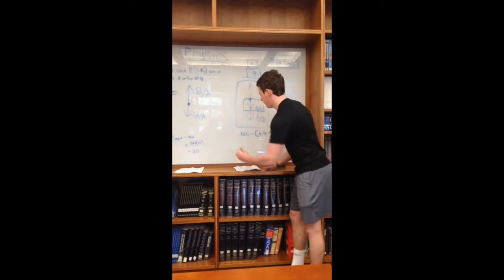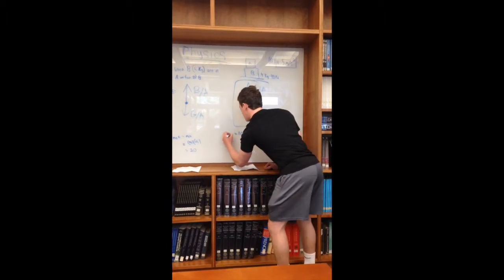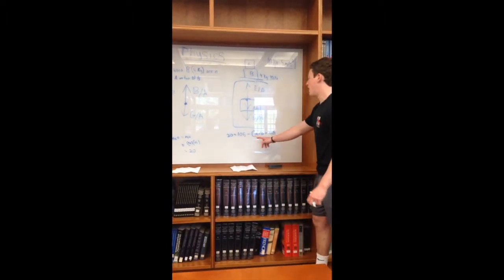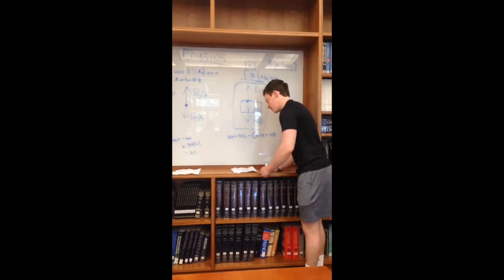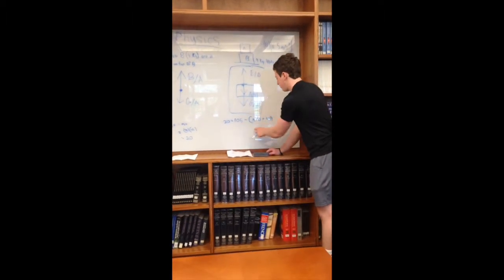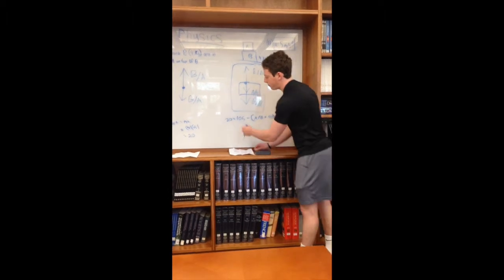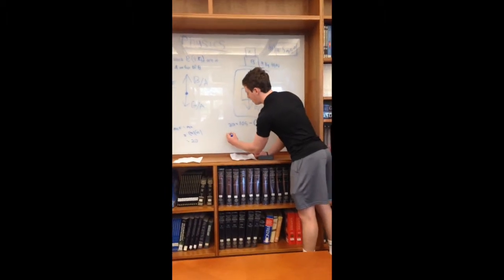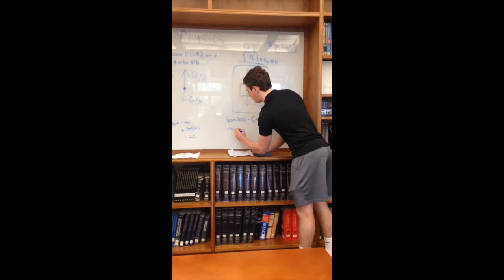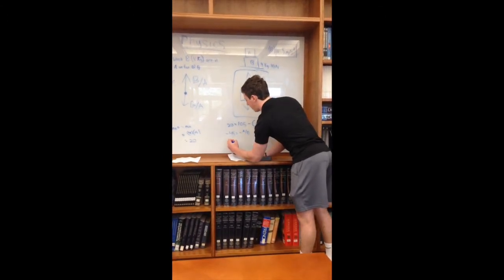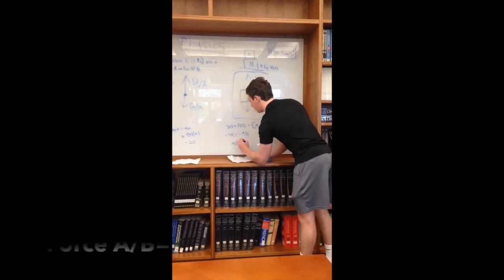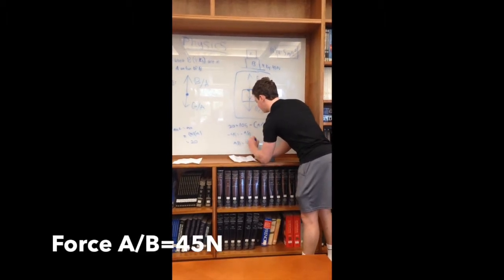So, from this, we find that 20 equals 105 minus the force of A on B plus 40. Now, from here it's simple math. 105 minus 40 is going to be 65. You subtract that from 20, you get negative 45 equals negative A over B. So the force of A on B will equal 45 newtons.